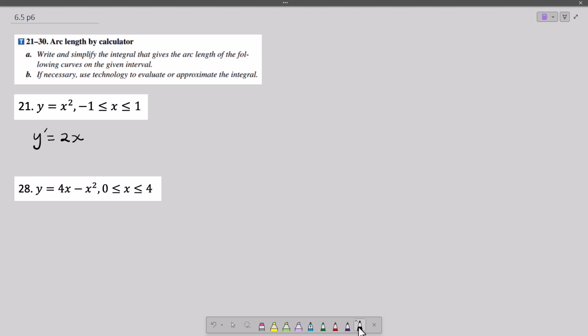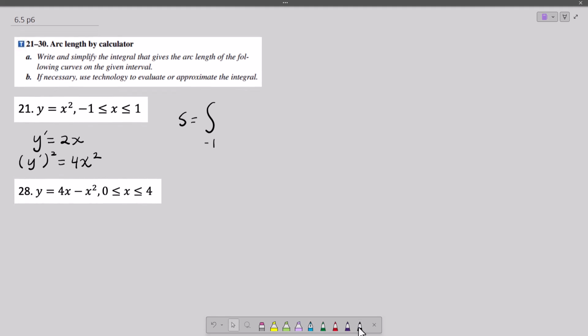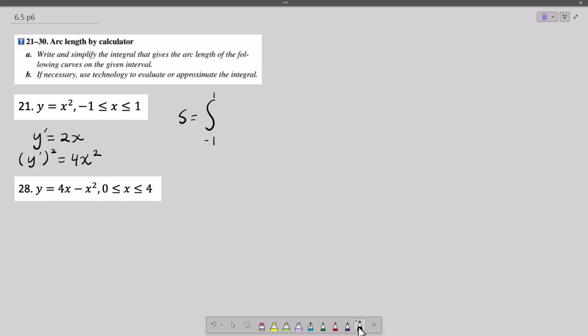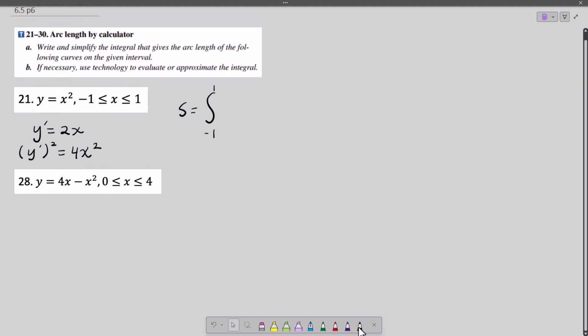Whenever we find arc length, we're going to take a derivative, and then we're going to square it and add 1. So we're going to get that. And our arc length, in this case, they tell us we're going from -1 to 1. And then it's going to be the square root of 1 plus 4x squared.